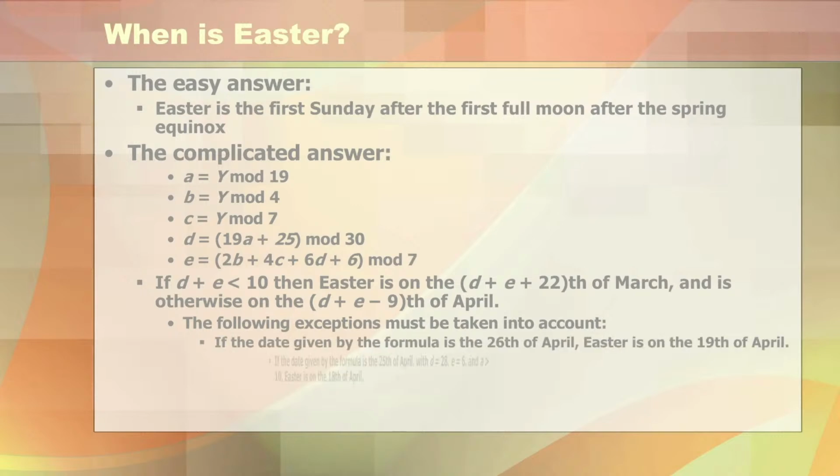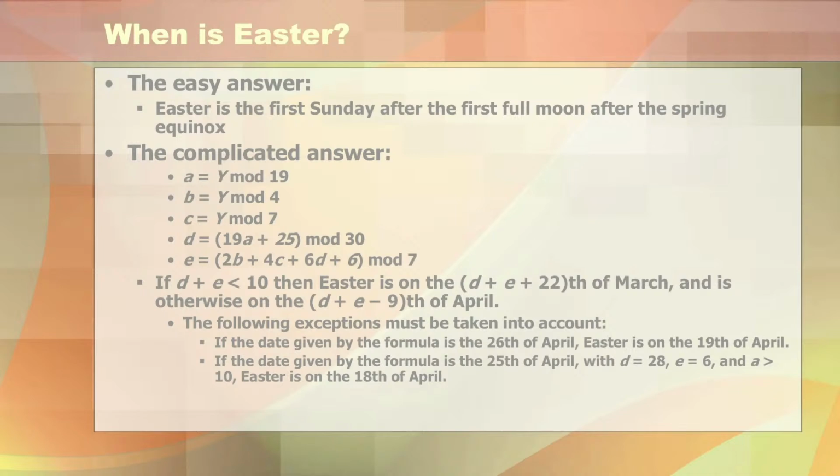So you can imagine that back in the early 1000 or 900 AD, things would look a little different than this, but you take the year, you take the remainder after dividing by 19, and then you divide by 4, and then by 7, and then you do all these equations, and this actually works to tell you what day Easter will be on any given year. So you can actually compute the day of Easter using these formulae, but it's always the first Sunday after the first full moon after the spring equinox.